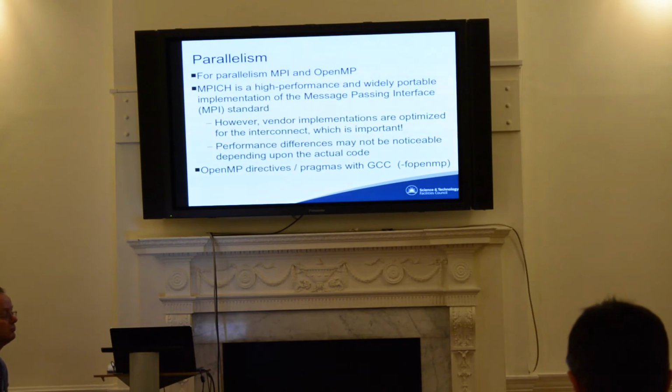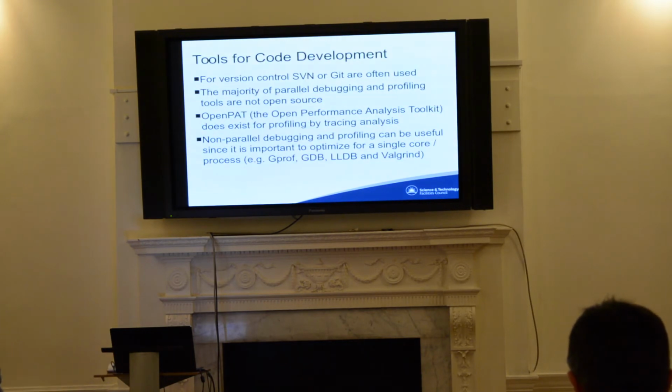So just quickly moving on to the tools for code development that are often very efficient and useful to use. The open source tools which are widely used in HPC for version control, we've got SVN. Also, Git is often used to provide version control. The point about parallel debugging is that most of the tools for that are not open source.